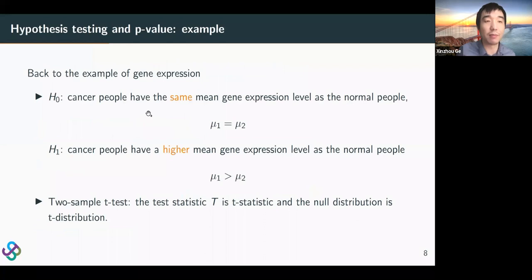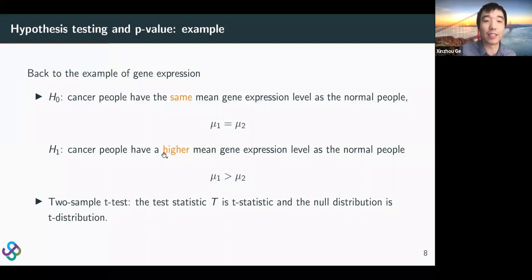In the gene expression example, one null hypothesis is that cancer people have the same mean gene expression level as the normal people, which means mu1 equals mu2. The alternative hypothesis can be that cancer people have a higher mean gene expression level than normal people, which is mu1 greater than mu2.